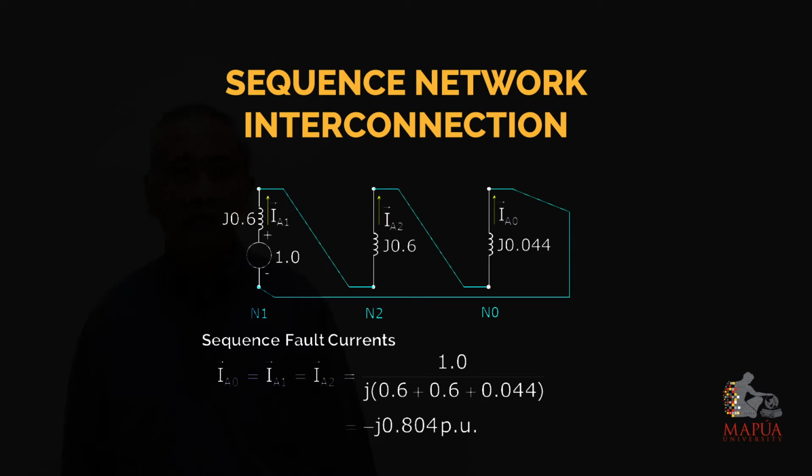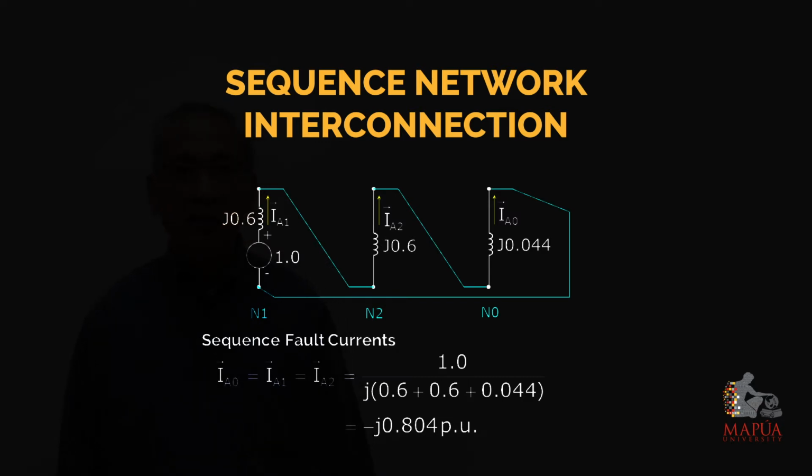So we have Ia0 equal to Ia1 equal to Ia2 equal to 1.0 divided by the sum of these sequence reactances: 0.6 plus 0.6 plus 0.044, and that gives us a magnitude of negative j0.804 per unit.